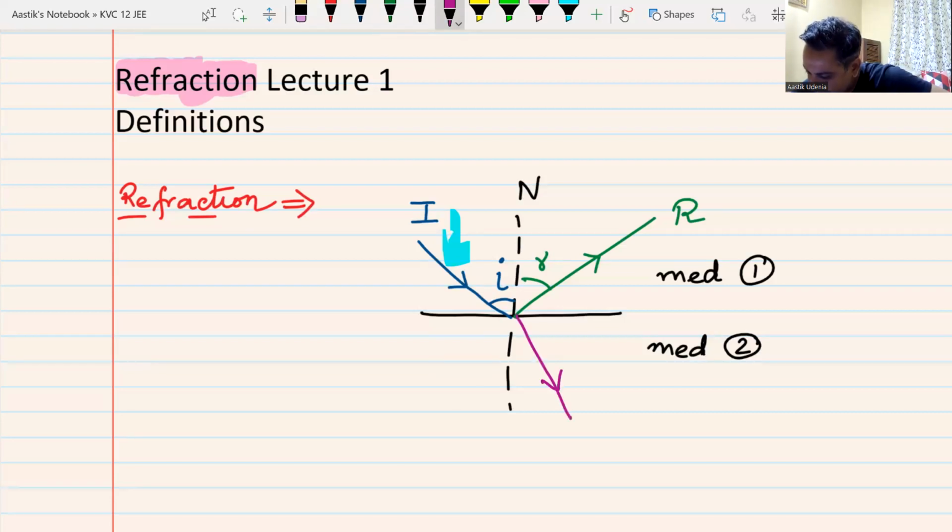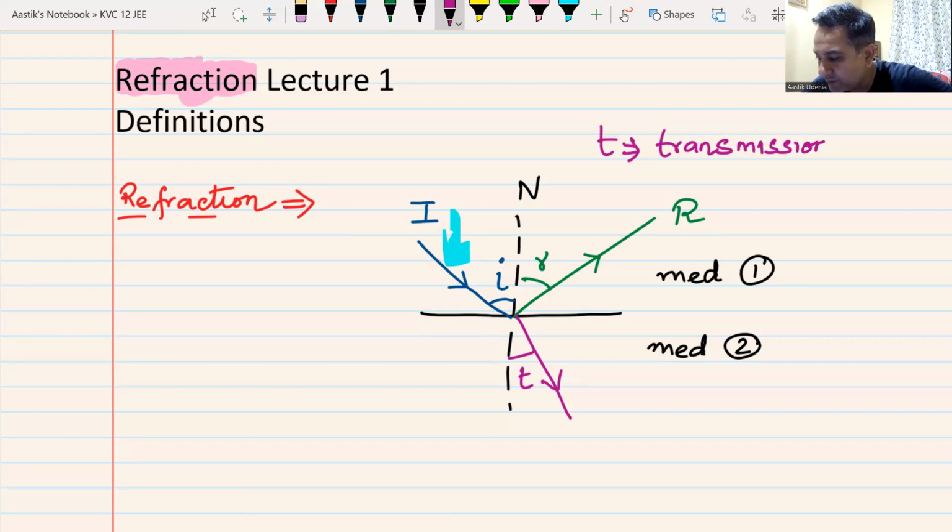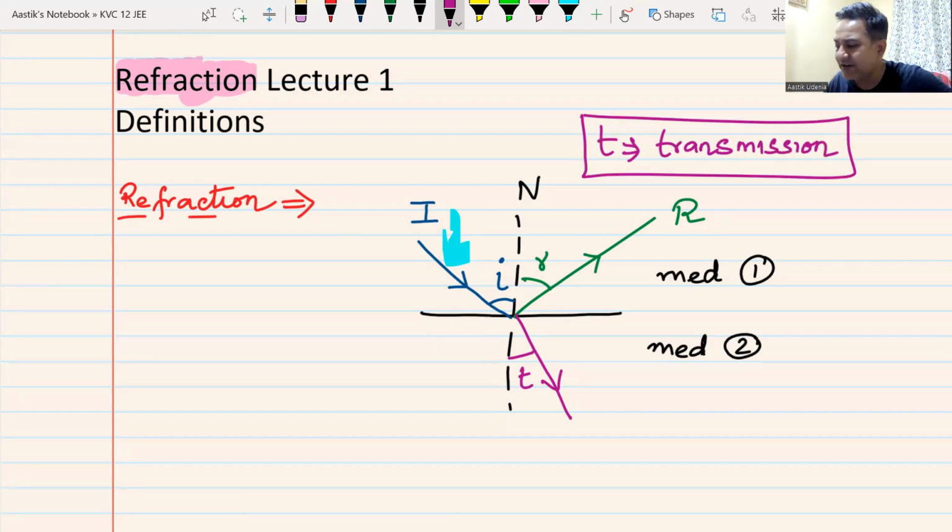Since R stands for reflection, and R also stands for refraction, I call this T. T stands for transmission. So it is transmitted. Do you understand the meaning of transmission? Transmission is the same as refraction. The ray of light has gone from one medium to the other medium. Instead of calling it refraction, I can also call it transmission. Though this is hardly used for a ray of light, you might have heard this term in thermodynamics.